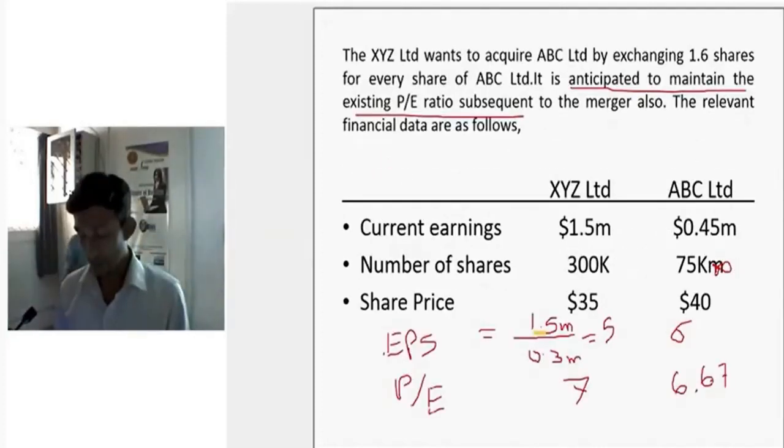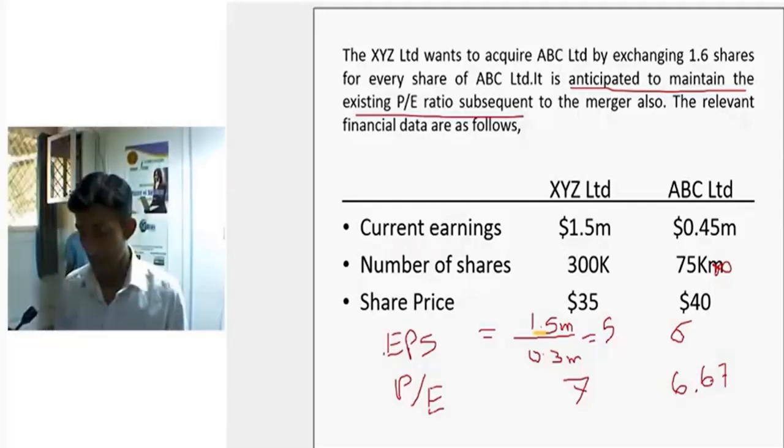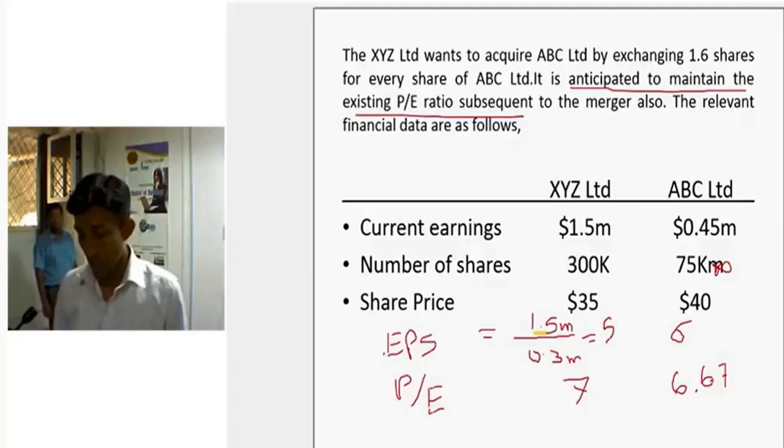Now XYZ has a share price of $35 per share and ABC has a share of $40. So what they say is the plan of this exchange of shares is 1.6 shares of XYZ for every ABC share.